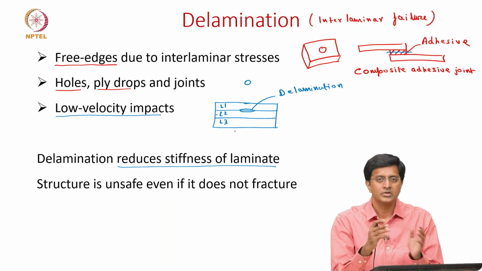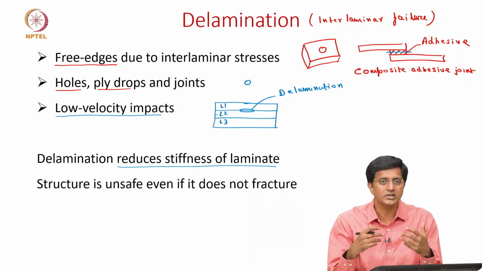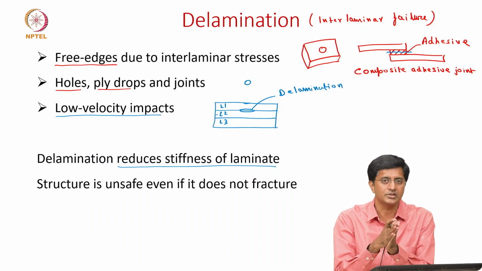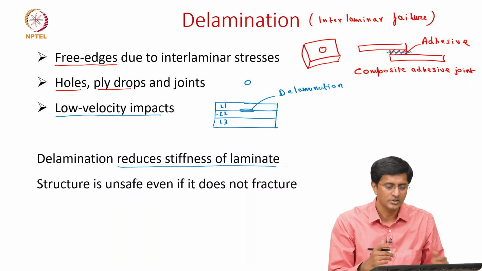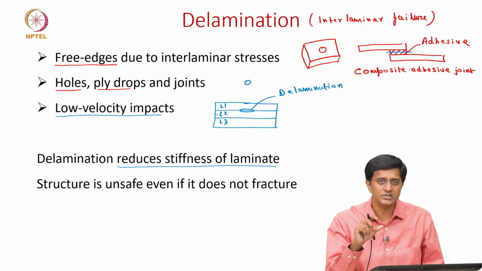I think we recall, initially we discussed why the stiffness of the laminate is high: because the layers are all bonded with each other. Once that bond is compromised, the stiffness of the laminate is also compromised, which may not be good, because we have designed this structure assuming that it is stiff.